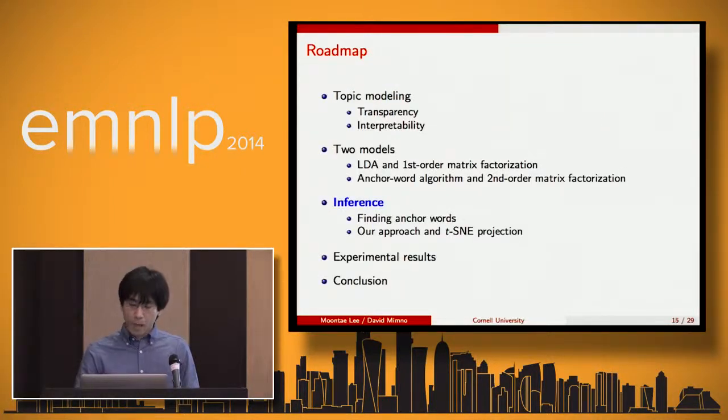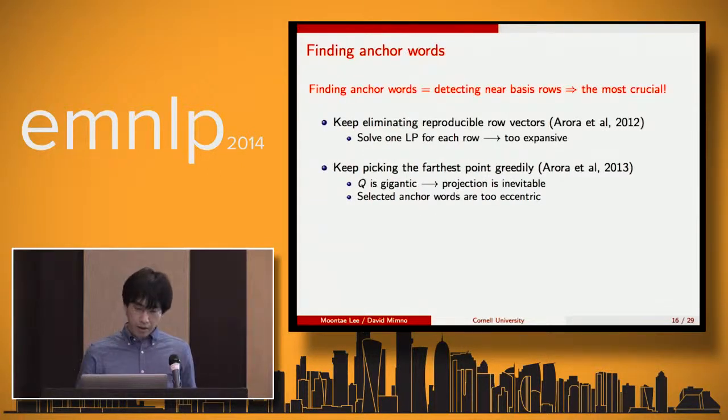So I will briefly introduce our inference process. Because of the illustration that we've seen, finding anchor words is equivalent to detecting near-basis rows, and that is the most crucial part of this inference, because the rest of the process is entirely deterministic once we find these anchor words.